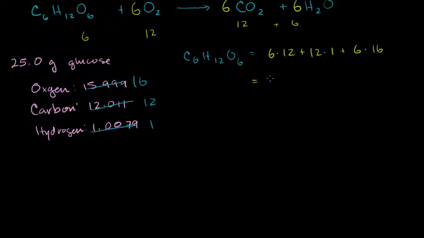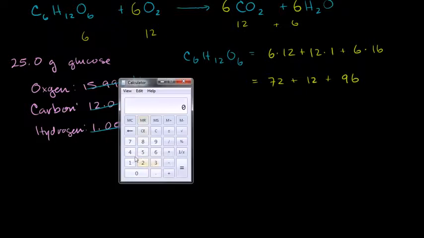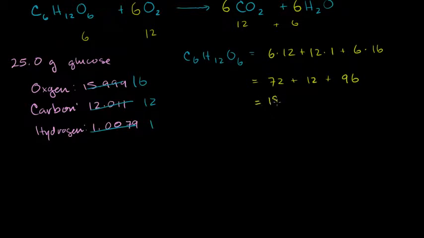So this is equal to 72 plus 12 plus 6 times 16, which is 60 plus 36, it's 96. And 72 plus 12 plus 96 is equal to 180. So the atomic weight of glucose is equal to 180, which tells us that, let's start doing the problem.